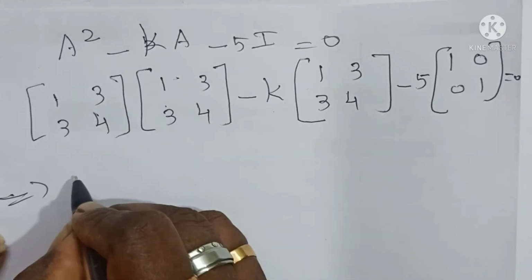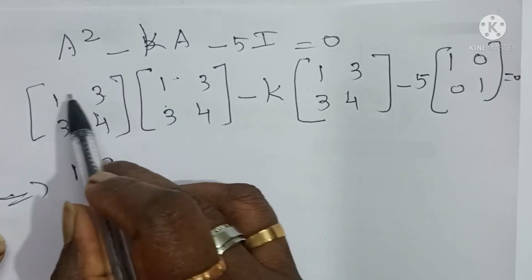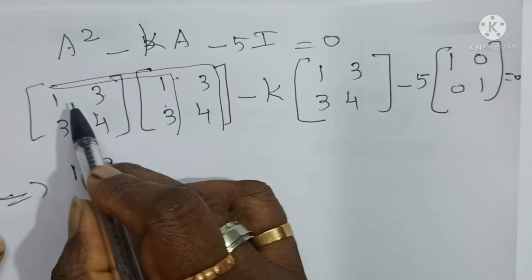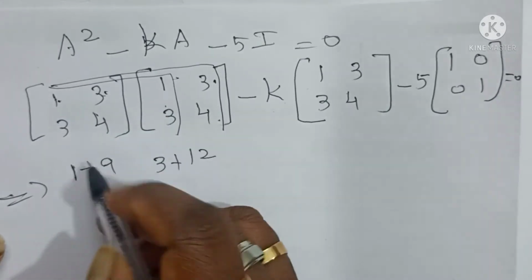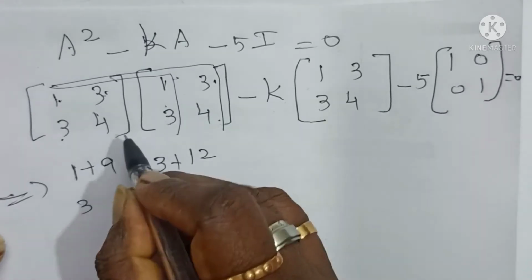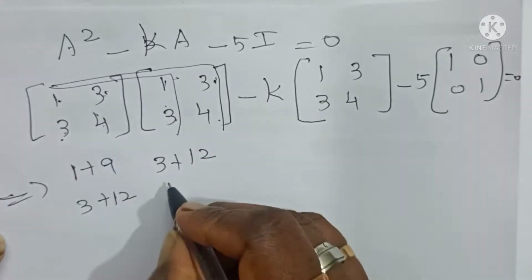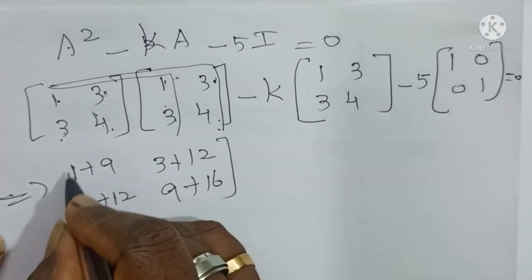So 1 into 1, 1 plus 3 into 3, 9. Multiplication means like this, then like this. So 1 into 3, 3 plus 3 into 4, 12. Then 3 into 1, 3 plus 4 into 3, 12. Then 3 into 3, 9 plus 4 into 4, 16.